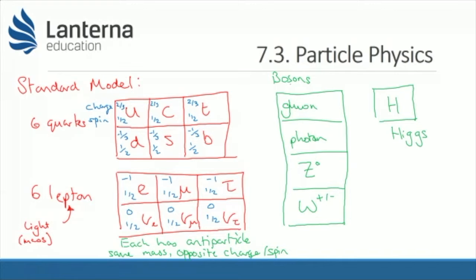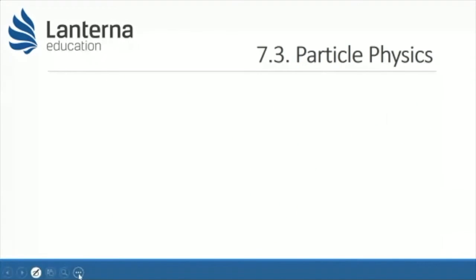Also know that these bosons are particles which are responsible for forces, and we'll look at the different types of forces they're responsible for in a little bit. So this is matter and these are forces, and then Higgs is associated with mass, so it's the particle that gives everything mass, but again we'll come on to that in a little bit. So what's important about those particles is we define them as fundamental particles.